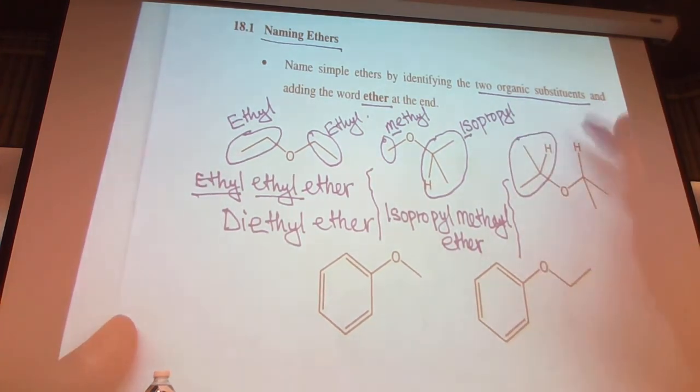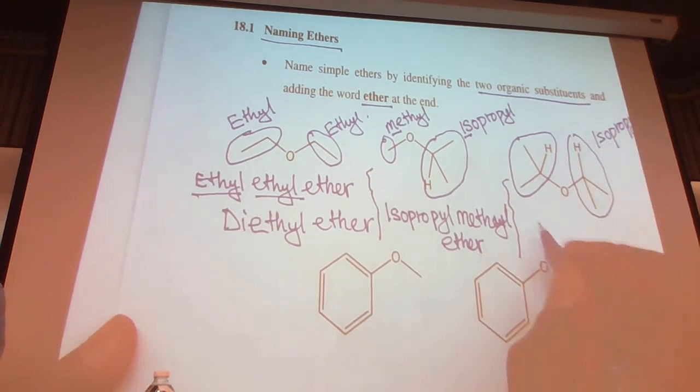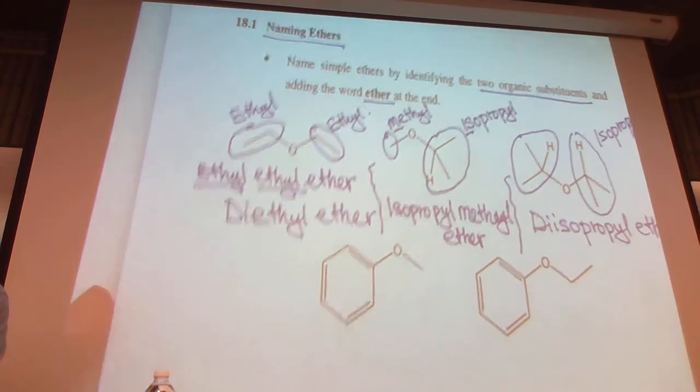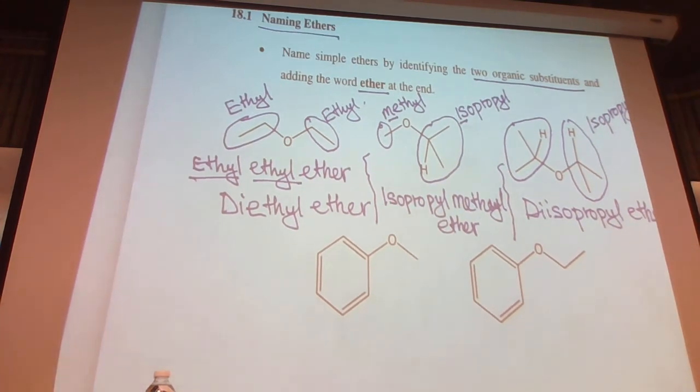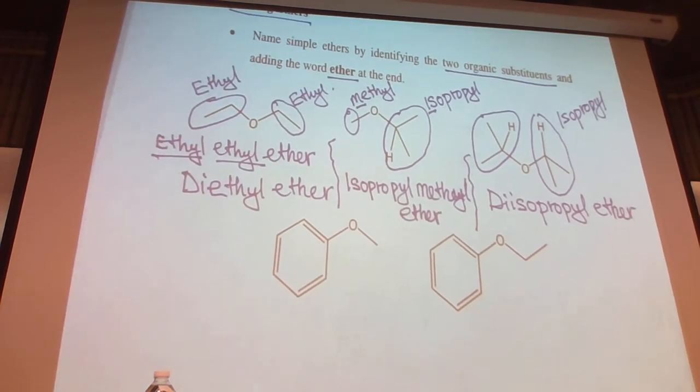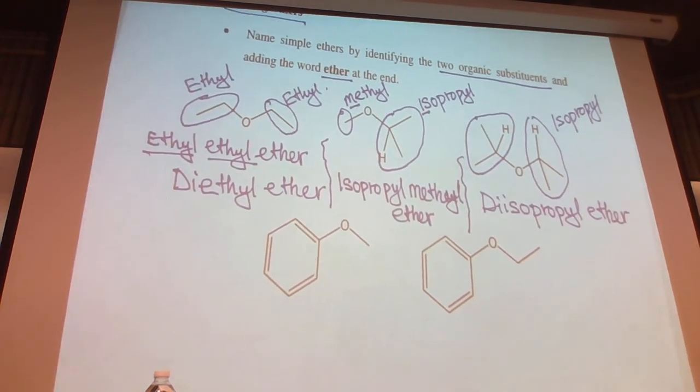There's one here. There's another there. So those are isopropyl groups. Therefore, that would be diisopropyl ether.